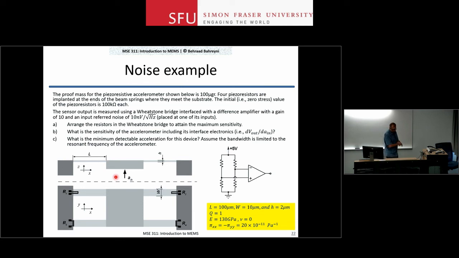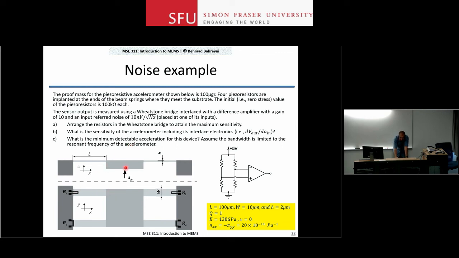So the first two parts of this problem are easy. What I have is a piezoresistive accelerometer. I have a proof mass. I have 4 beam springs connecting this proof mass to the substrate. I've seen this device before. Once I have an acceleration, it moves in, let's say, what direction is that? Z direction.